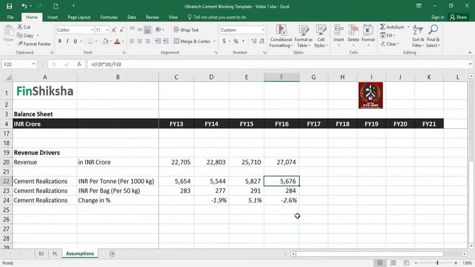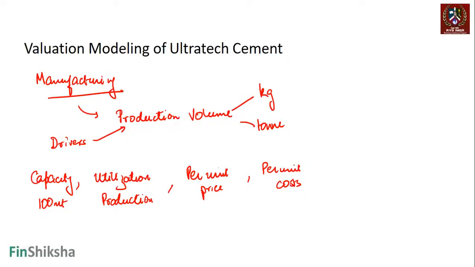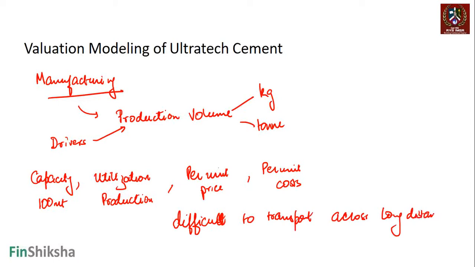What that does is that ensures that cement becomes difficult to transport across long distances, across longer distances, right? Why? Because freight cost becomes really high, and freight cost already is a very important parameter in cement.